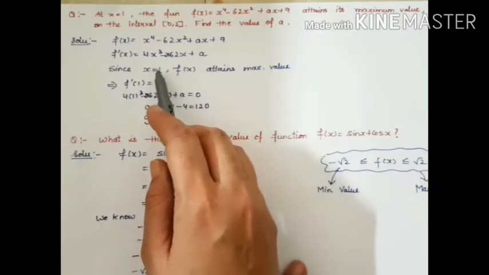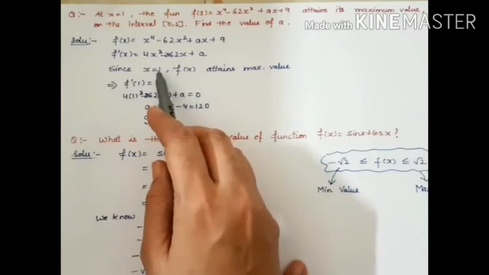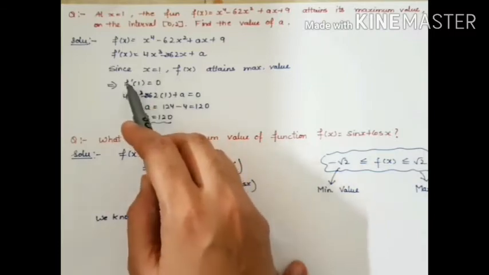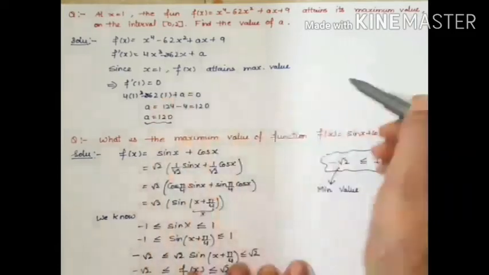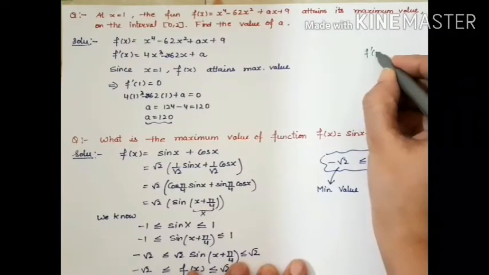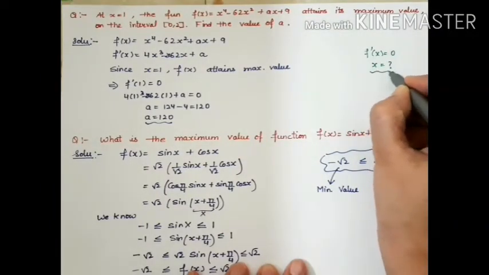If it is a critical point, it means that at x is equal to 1, f dash will be equal to 0. This is the way we attain our critical points. Whenever your f dash x is equal to 0, whatever values of x you get, they become your critical points.